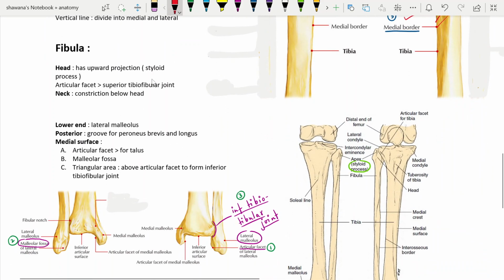Let's discuss the fibula. The fibula is the lateral bone of the lower limb, and it has a head, neck, and styloid process. Also, it has the lateral malleolus.